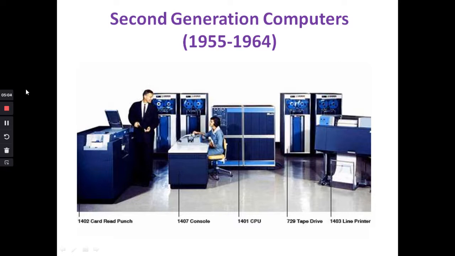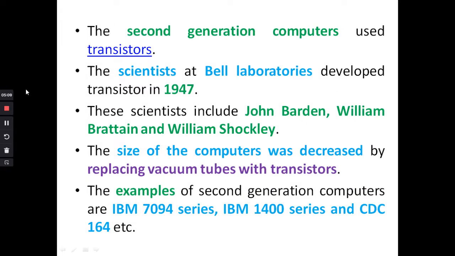These computers were used from 1955 to 1964. The second generation computers used transistors for their working, instead of vacuum tubes.